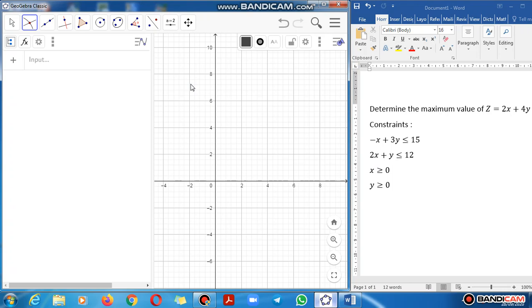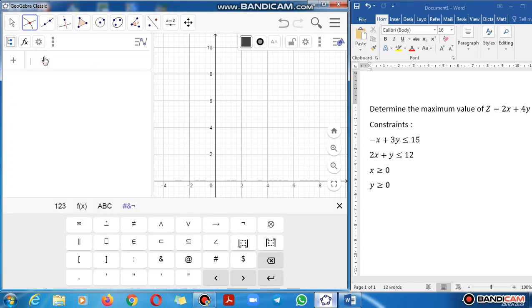First, input the first equation line. We have negative x plus 3y equal to 15.